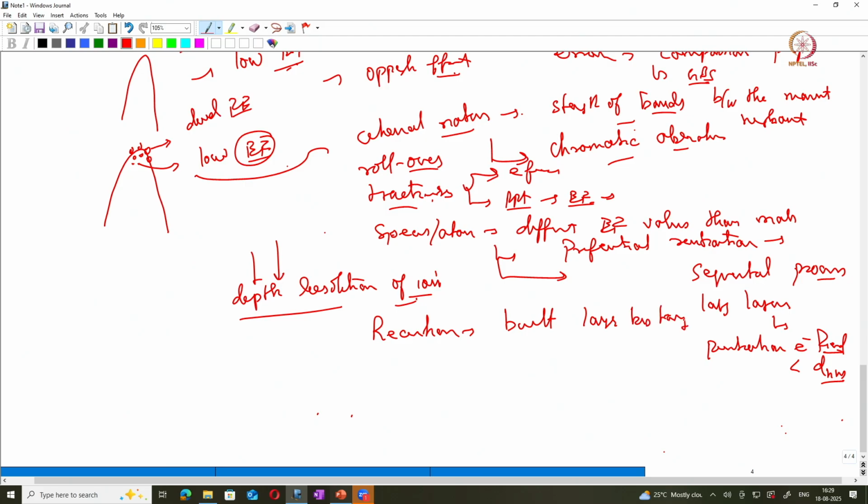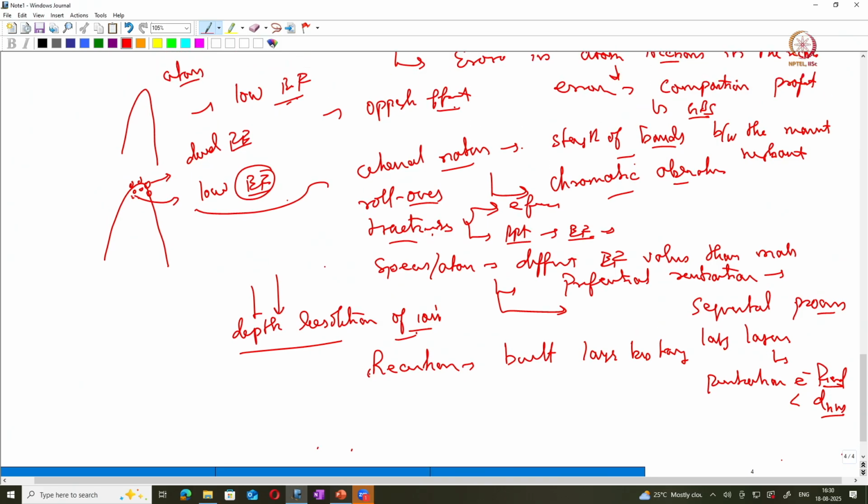And if there is a difference in the evaporation field of solutes and the matrix, or the precipitate and the matrix, what will happen is the low evaporation field species will depart the needle specimen very early. Okay, so it means that if it departs early, then it will be detected much earlier than the other atoms or ions from the matrix.